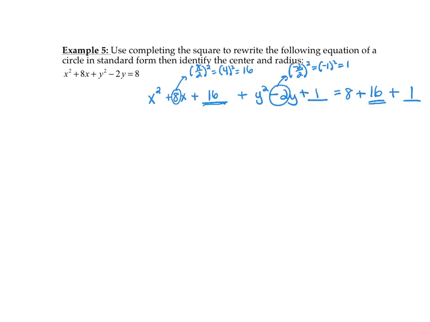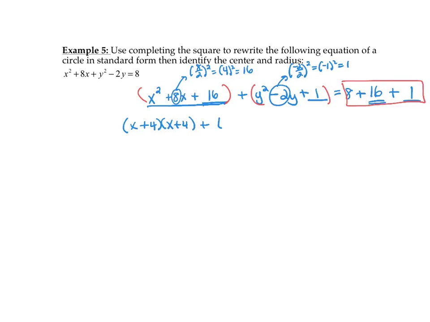Okay, on the left-hand side here, you have to factor for the x's, you have to factor for the y's, and on the right, combine all of those like terms. So on the left-hand side, when I factor x² + 8x + 16, it's going to factor into (x + 4)(x + 4).